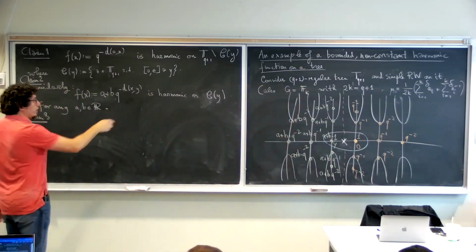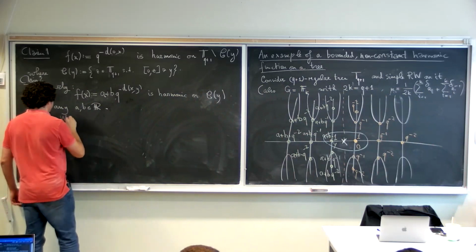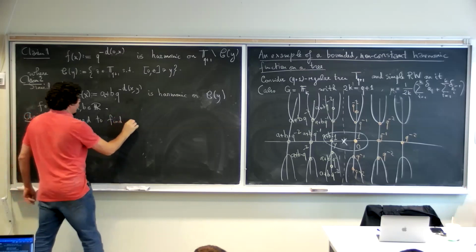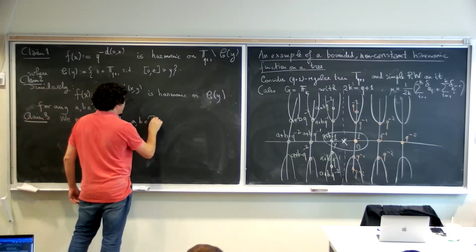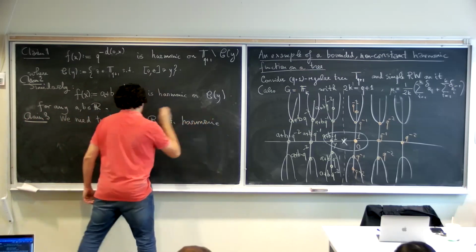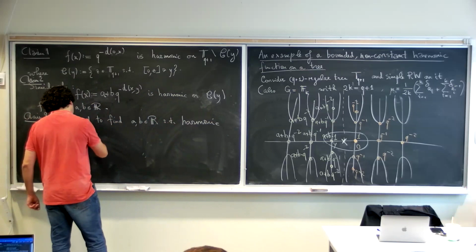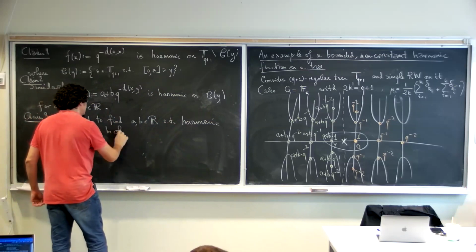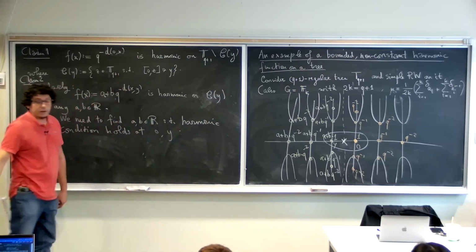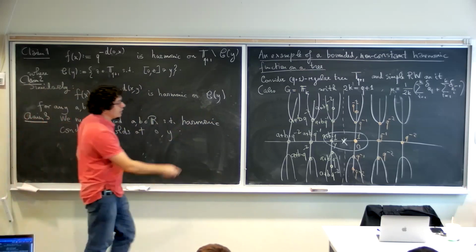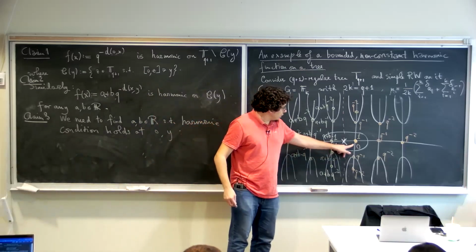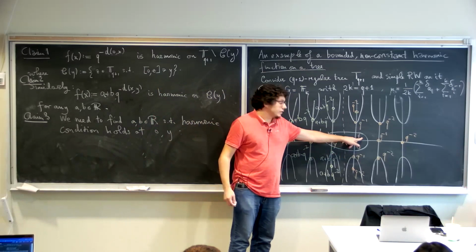So in order, we need to find, we hope to find a and b such that the harmonic condition holds at 0 and y. At 0, or O, the value that we already know is 1.